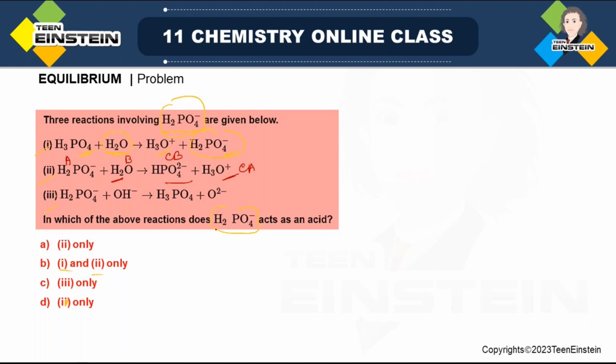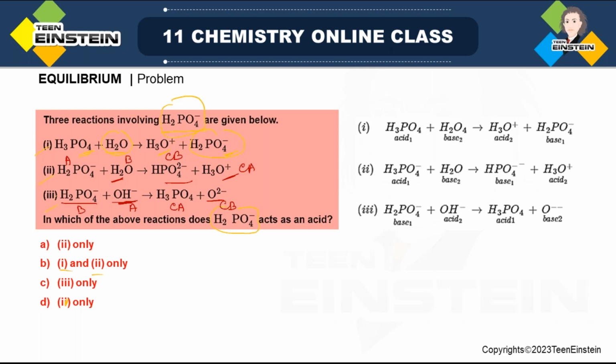And the last example, H2PO4 minus is accepting proton. It is converted to H3PO4. And as it has accepted proton, it will behave as base. This is the corresponding conjugate acid. And it is donating H. So this is acid. This is the corresponding conjugate base.